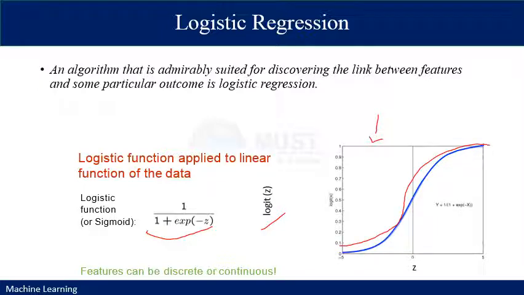This type of function is sometimes also called a squashing function because it maps the whole real axis into a finite interval. For logistic regression, features can be discrete or continuous, so it works on both kinds.